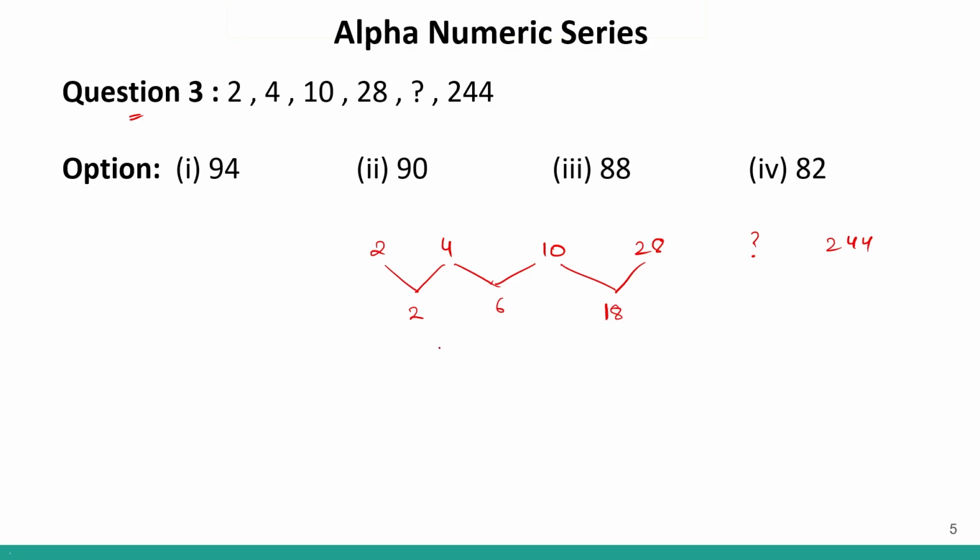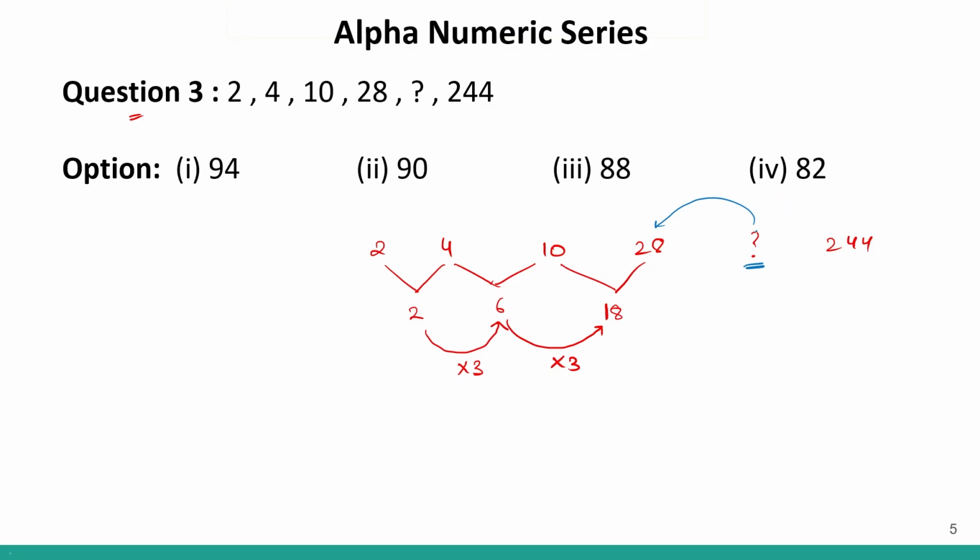Is there a logic? Yes. From 2 to 6, we multiply by 3. And from 6 to 18, we multiply by 3. So let us use the same logic to complete this series. One more thing that you should remember: whenever we solve for a middle term, we have to make sure it follows the same logic with the previous number and the next number.